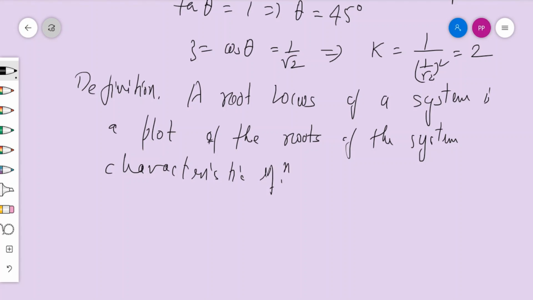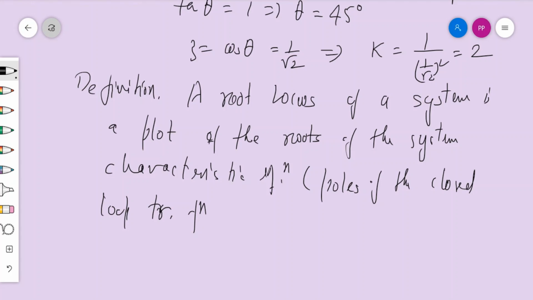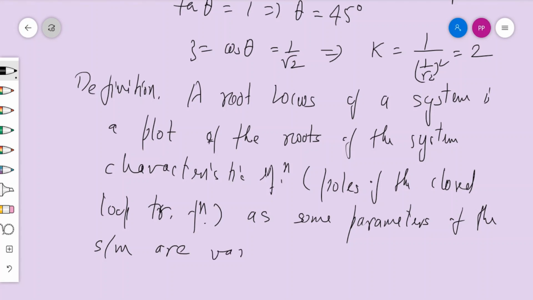So roots of the characteristic equation are the poles of the closed loop transfer function, as some parameters of the system are varied.